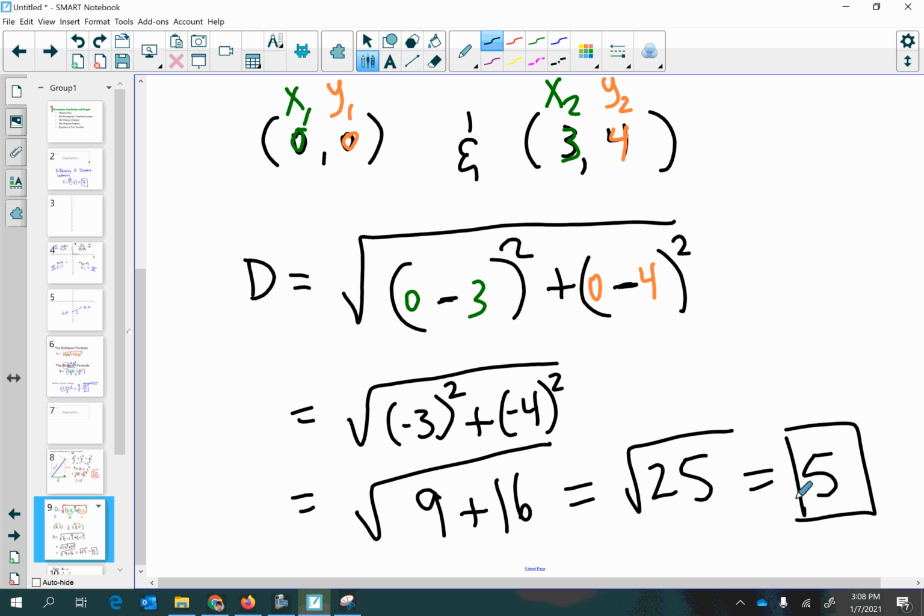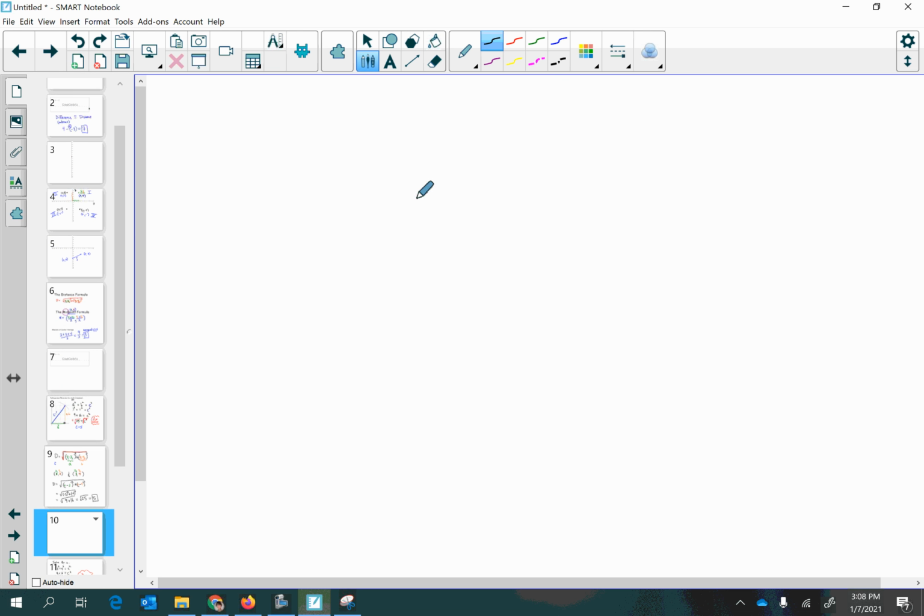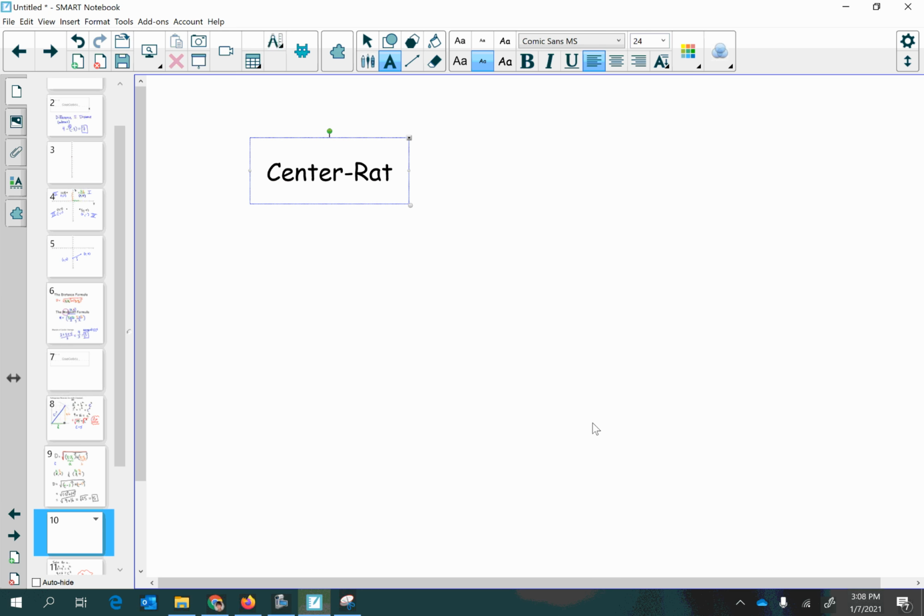Okay, pretty cool, huh? Now, the other thing that's cool about the distance formula and the Pythagorean theorem and how they all come together is the center radius form of a circle.